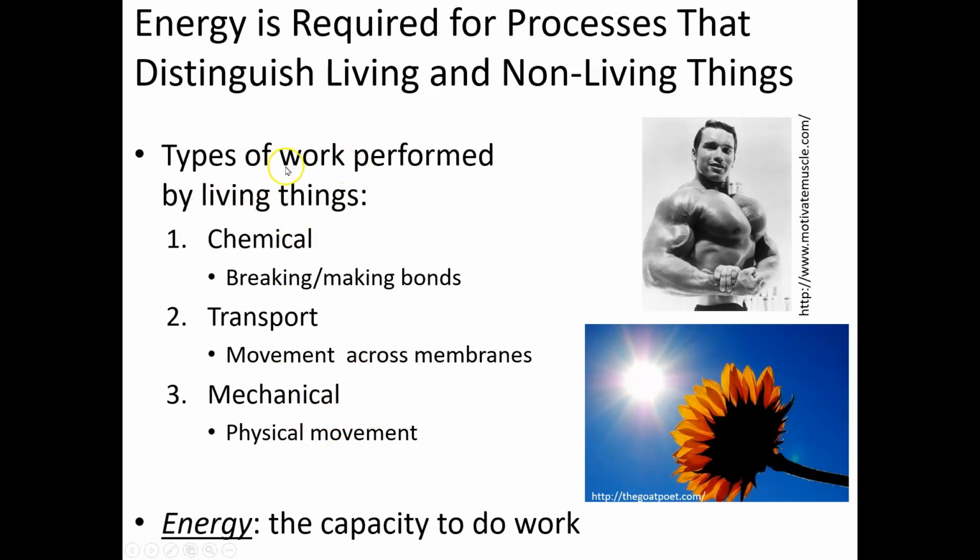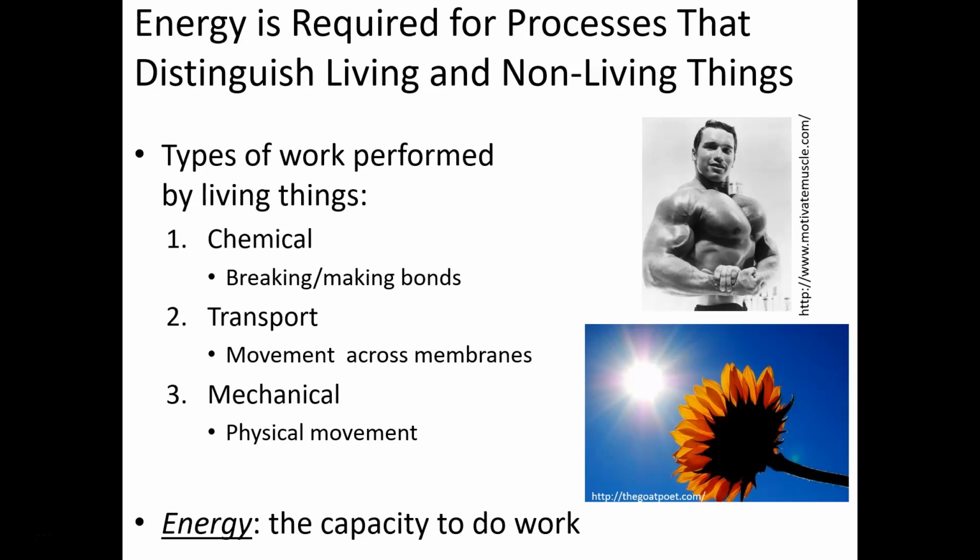So when we talk about energy being the capacity to do work, there's three types of work that are important physiologically. One is chemical work. So chemical work, it takes energy to break bonds sometimes, and it takes energy to make bonds, certainly. Matter of fact, remember, a bond is just a favorable energy relationship.